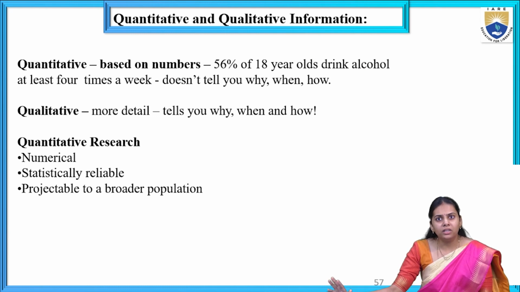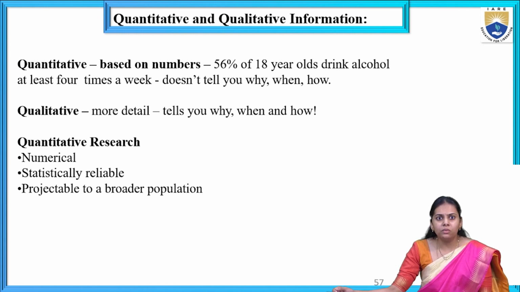Whereas quantitative and qualitative information, what are quantitative and qualitative? Quantitative is always based on numbers, which comes with a survey. Qualitative is more detailed, and it tells you how, when, and where.